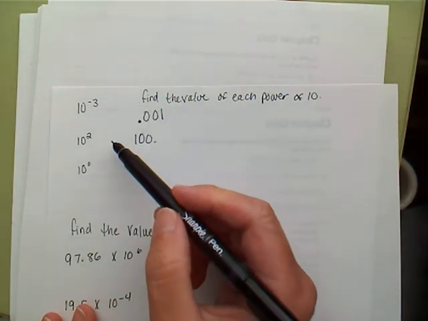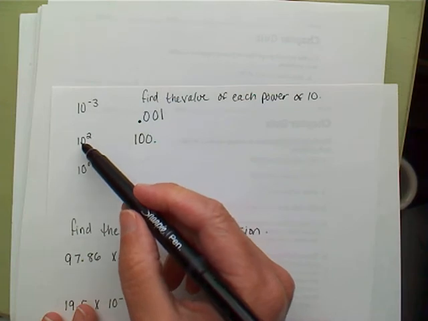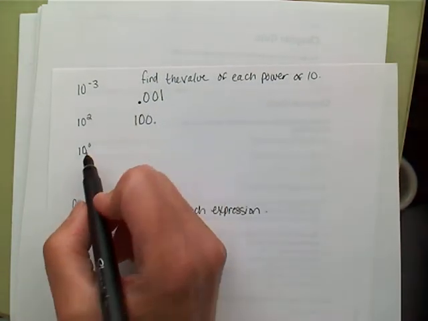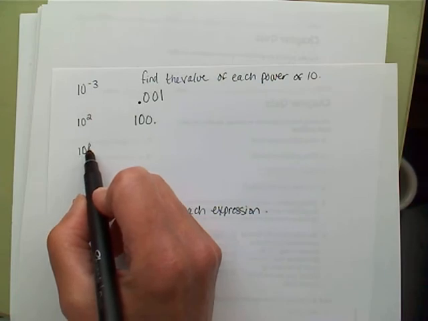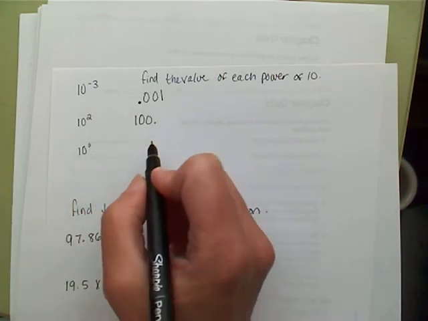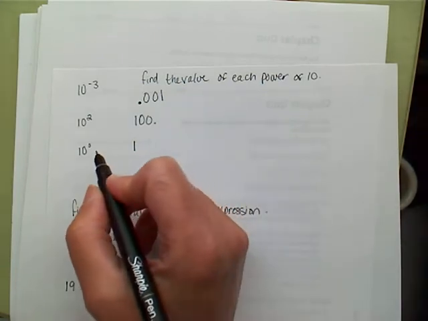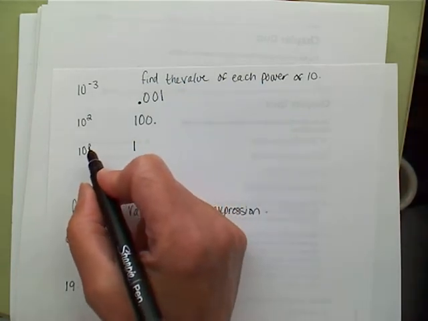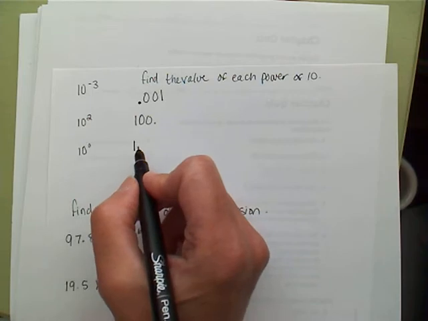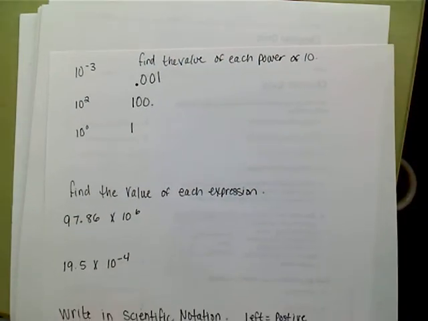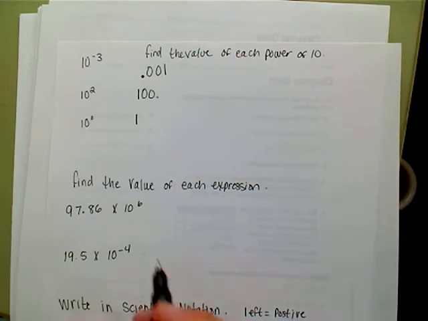And again, it makes sense because 10 to the second power is 10 times 10, which is 100. And then finally, 10 to the 0 power, this one's just, our starting number is always that 1. I don't have to move it anywhere. It tells me to the 0 power, right? So again, this is why a number to the 0 power equals 1. So there's your answer there.